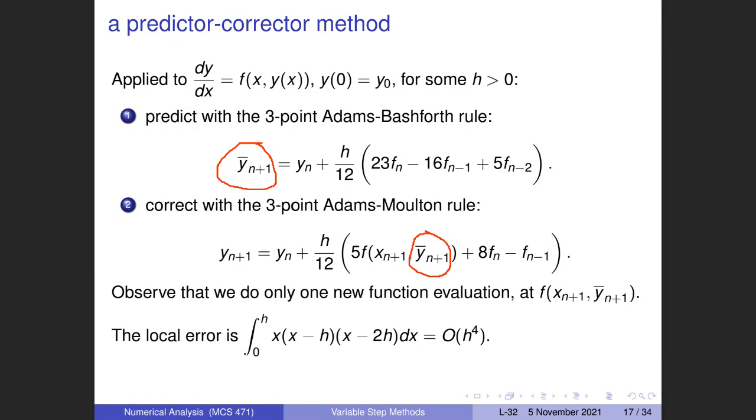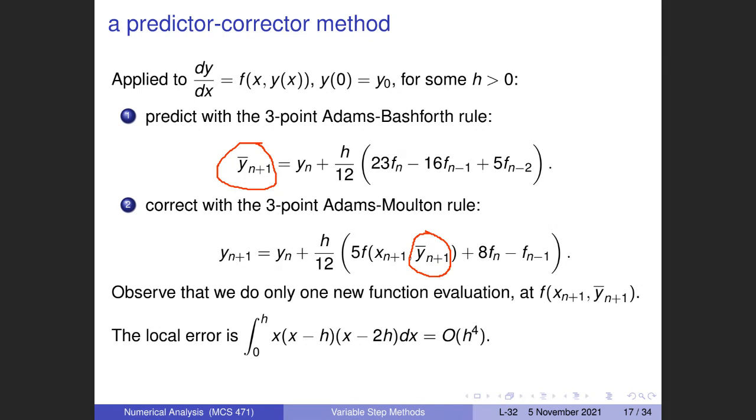So what is actually the point of all this? Well, the Runge-Kutta methods were of the same order, but they required many more function evaluations. A Runge-Kutta method of order 3, which had a global error also of order h to the power 3, required 3 function evaluations.